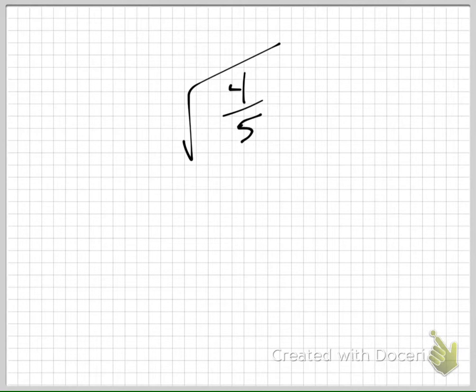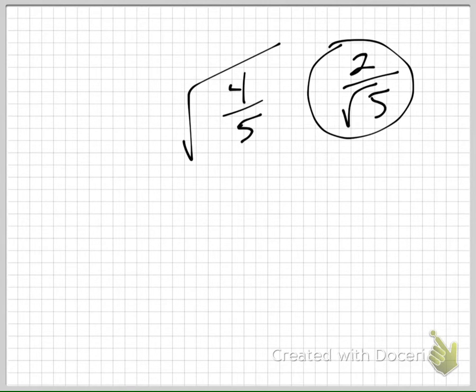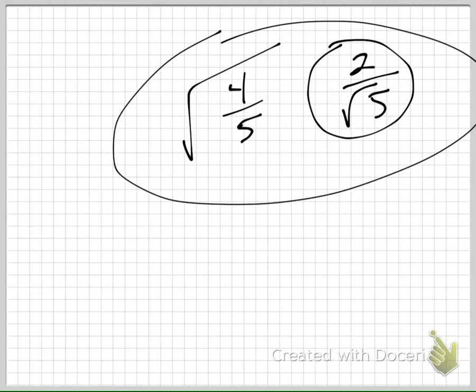You square root the top, and that becomes the new top, and then you square root the bottom, it becomes the new bottom. What's the square root of 4? 2. Easy. Square root of 5. It's irrational. So you put 2 over the square root of 5. Does that make sense? I'm square rooting the top, I'm square rooting the bottom, I'm done. This is an algebra thing. That's next year. We're not doing that this year. That's how you do it, though.